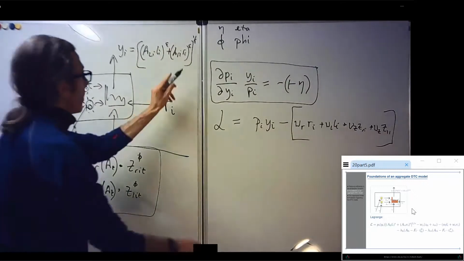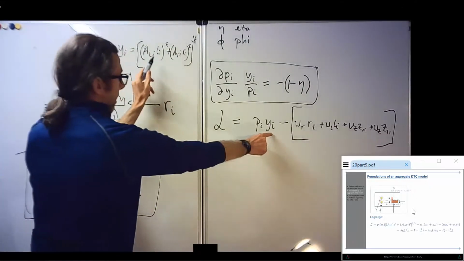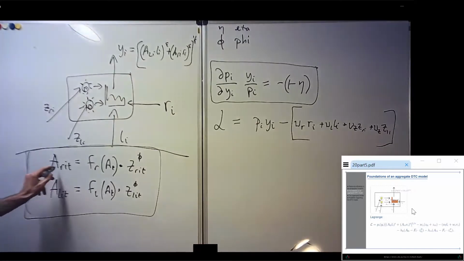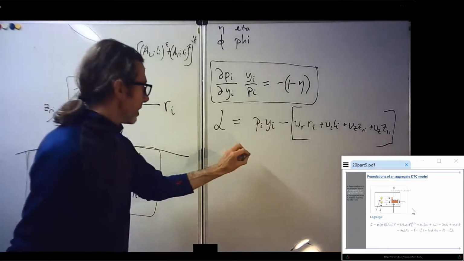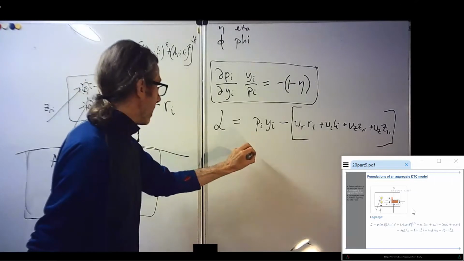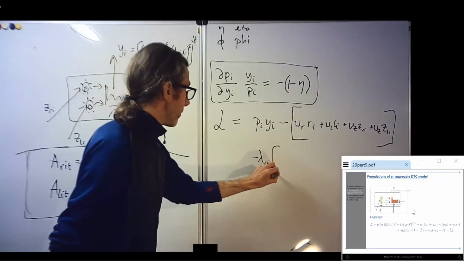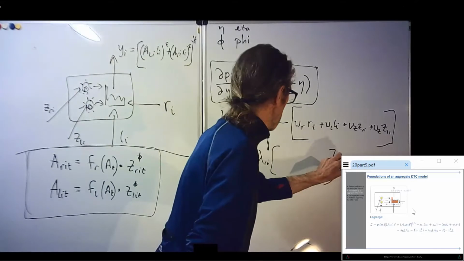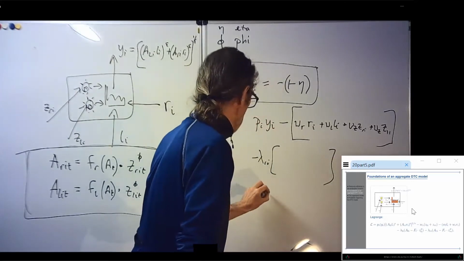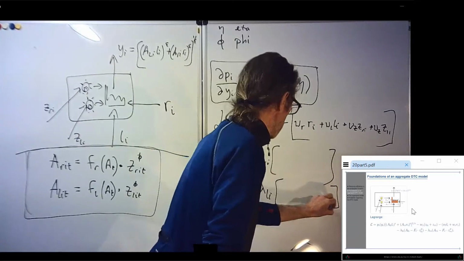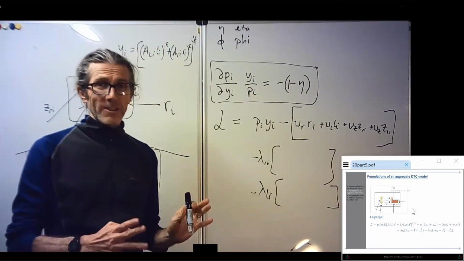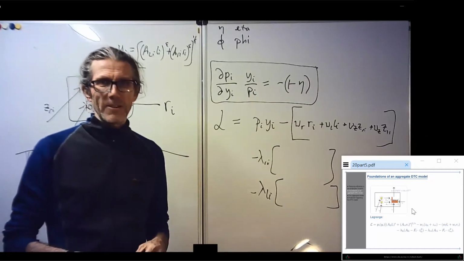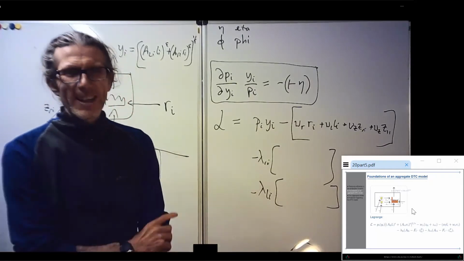The restrictions are that ARIT is equal to this and ALIT is equal to this. So we need a lambda RI times the one restriction and a lambda Li times the other. And I'm going to stop there. Hopefully I can remember exactly where I was and pick up from here in about 2 hours' time. Okay, see you soon.